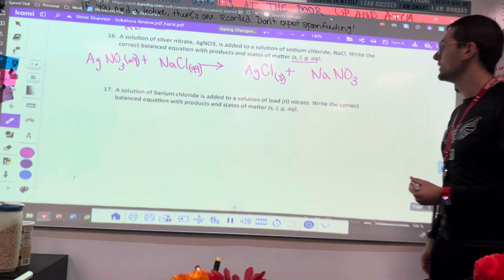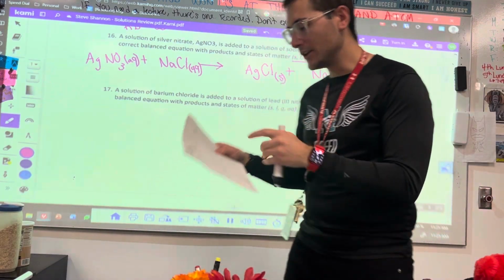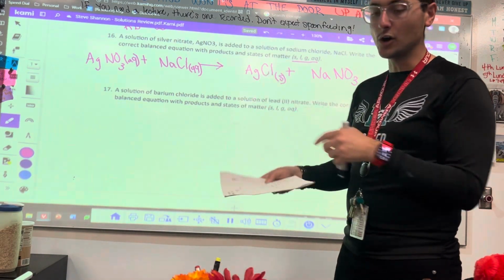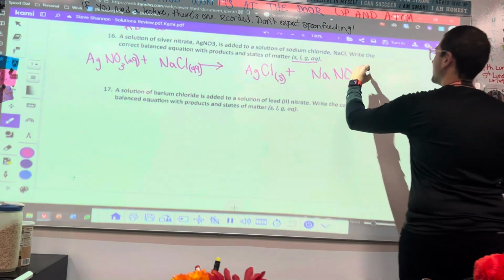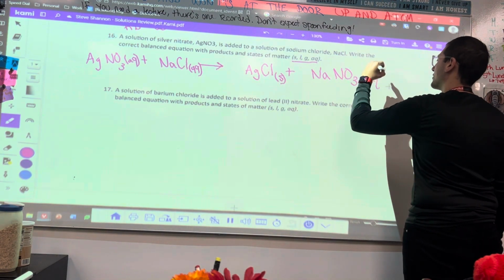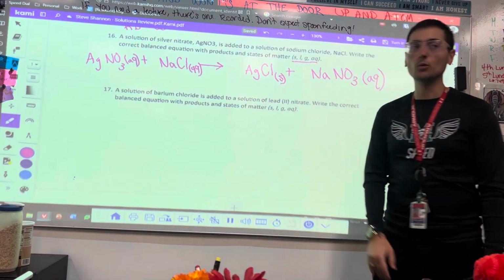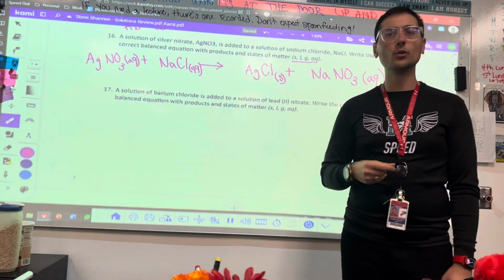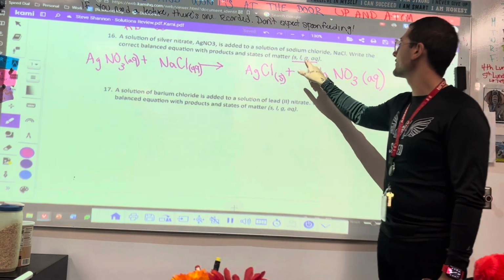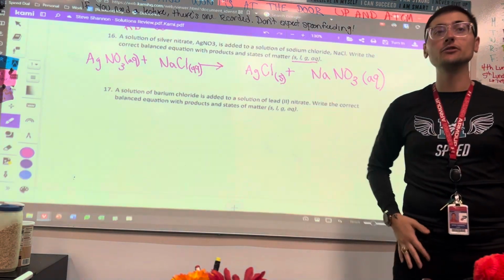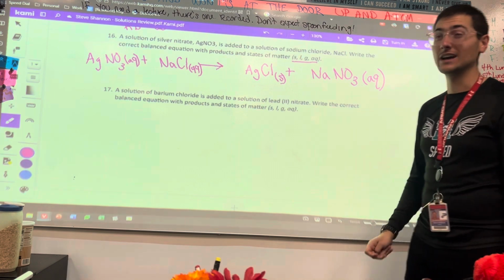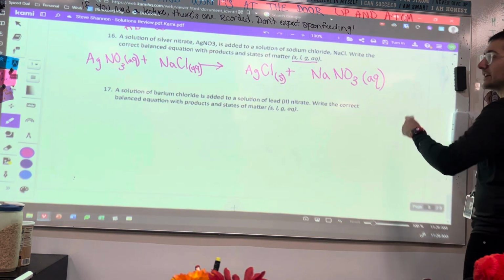And then NaNO3, I have to look at NO3 on my chart, and NO3 is always soluble, no exceptions, which means it remains as aqueous. The only time you will use liquid is if it's water. The L only goes on to pure H2O, and then the gas will only go on to gases, which is usually the diatomic molecules. You're not going to have liquid and gas on this test in that way.